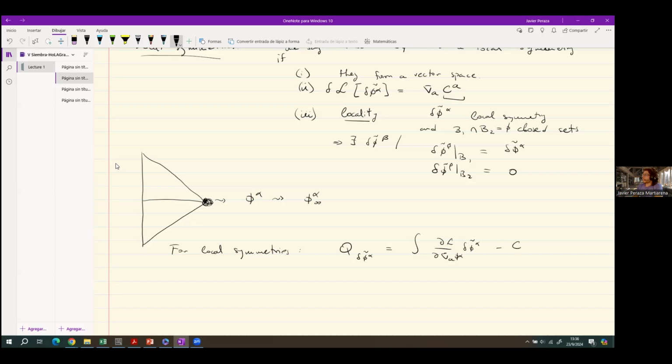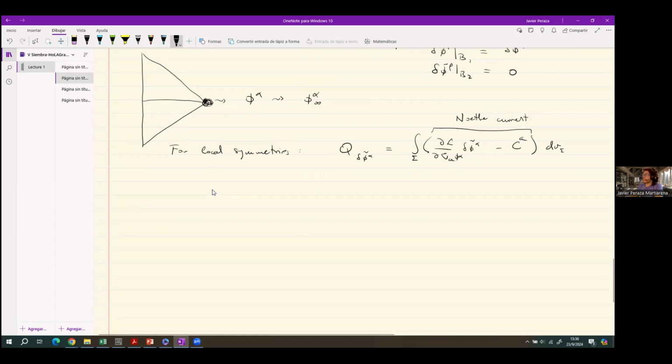And if we subtract this ZA, this codimension one object, we have a quantity that is the Noether current associated to this local symmetry, and this is the charge.